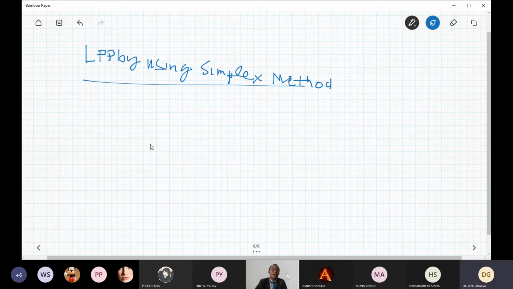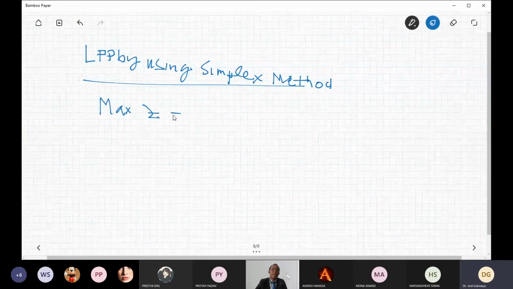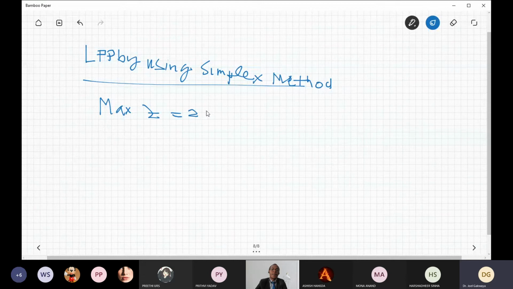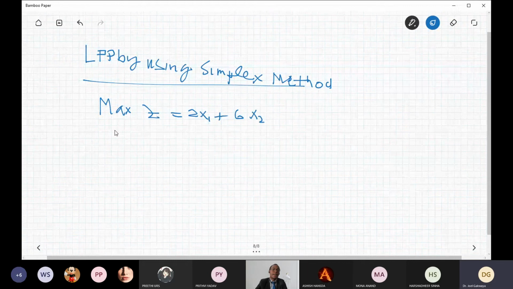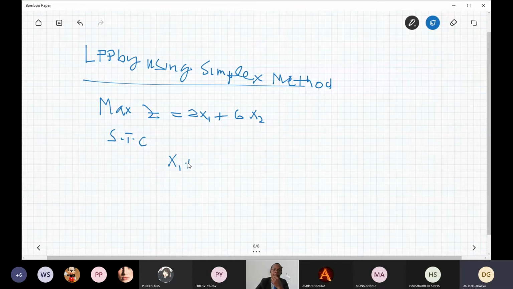We have Max Z equal to 2x1 plus 6x2, subject to constraints: x1 plus x2 lesser than or equal to 2.